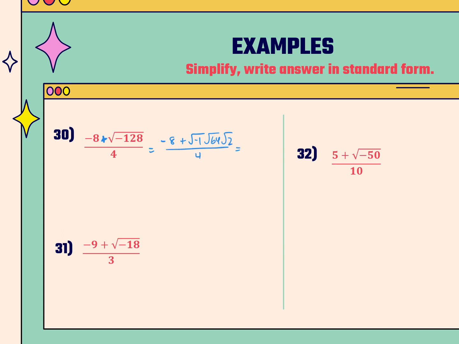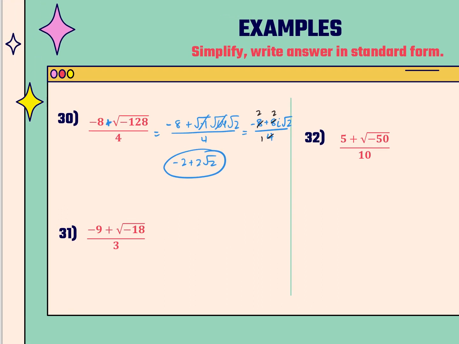So again, it's going to be -8 plus the square root of 64, which is 8, the square root of -1 is i, and I get a radical 2, all over 4. Because 4 goes into all of these, I can simplify by factoring that 4 out, or dividing by 4. So I get -2 plus 2i radical 2 over 1.